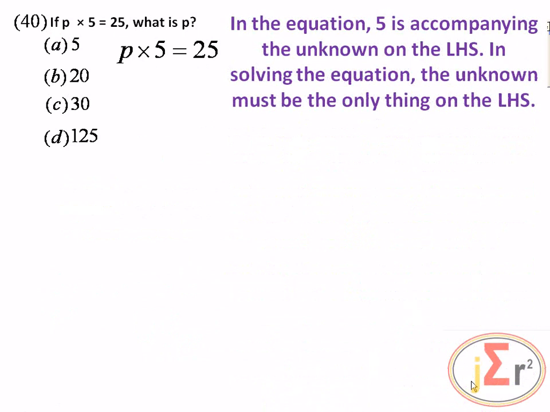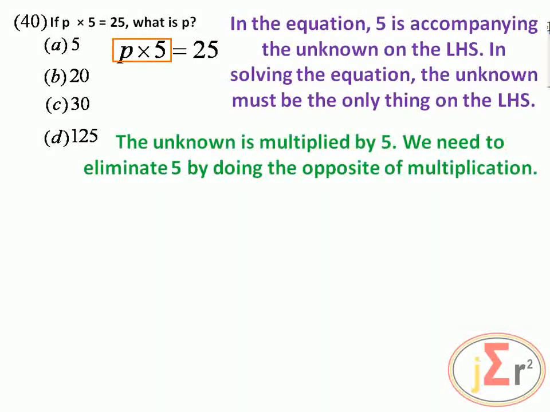In the equation, 5 is accompanying the unknown on the left-hand side. In solving the equation, the unknown must be the only thing on that left-hand side, which means that we need to eliminate the 5 that we have on that left-hand side accompanying the unknown, which is p. The unknown is multiplied by 5. So we have p is the unknown and it is being multiplied by 5.